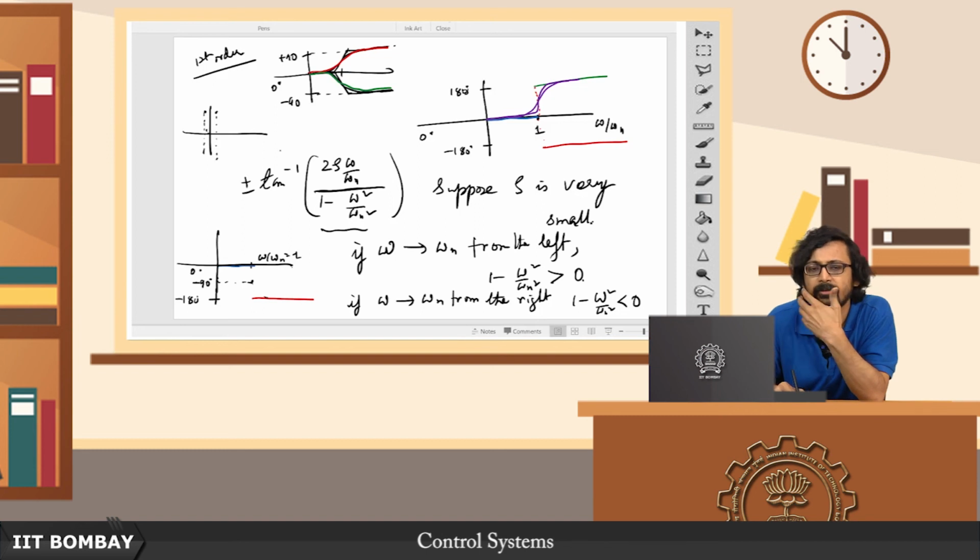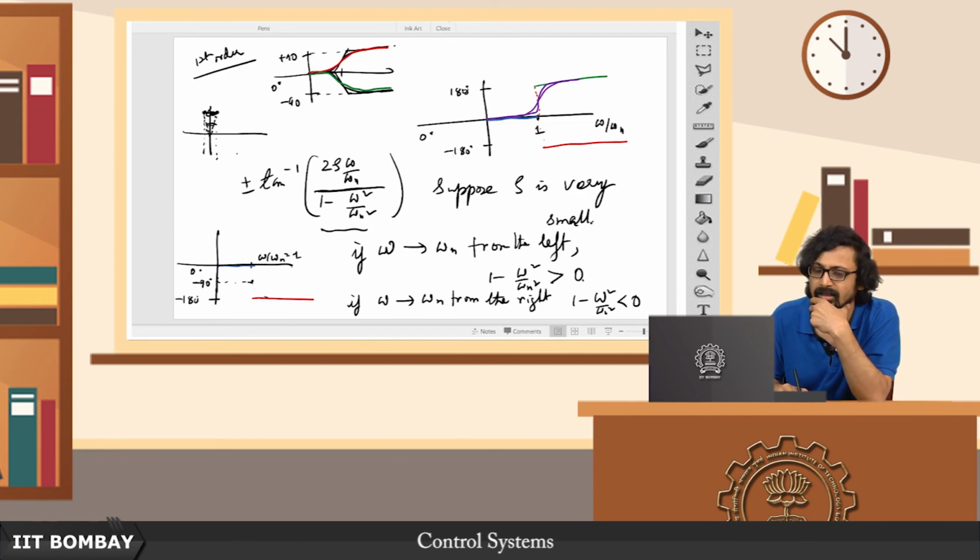For example, the imaginary part is positive, so it is going to be somewhere here or here, and the real part is going to be negative. So, you see what is the transition for larger values of zeta, this function is going to transition from here to here. So, this phase change as omega transitions through this omega n from the left hand side and the right hand side is this much.